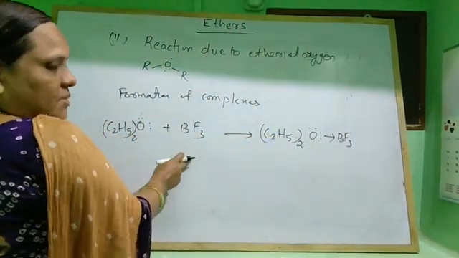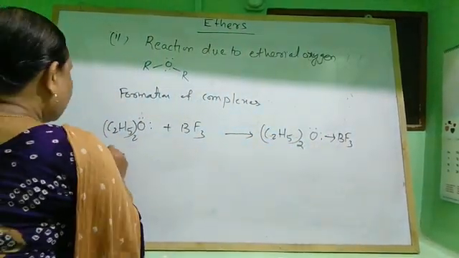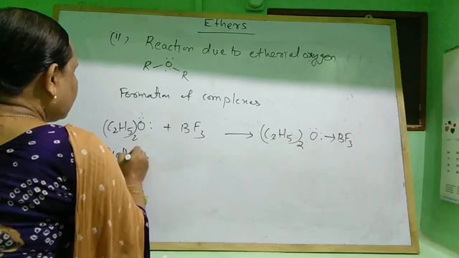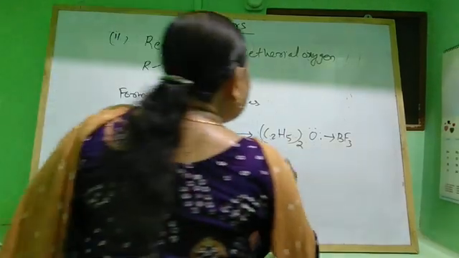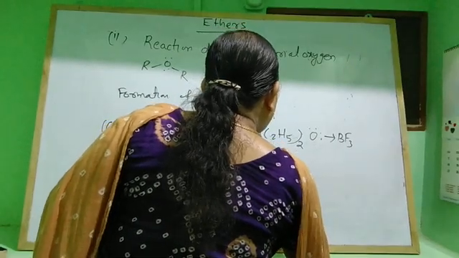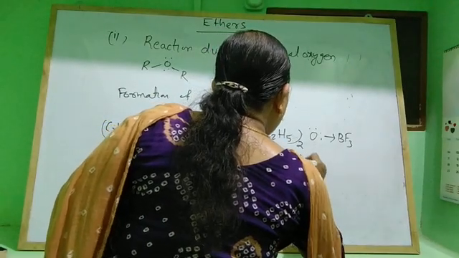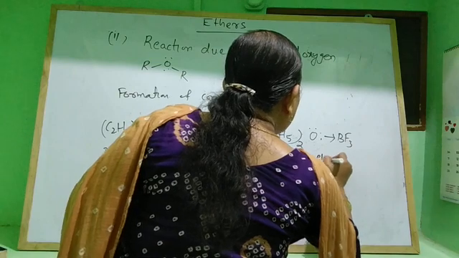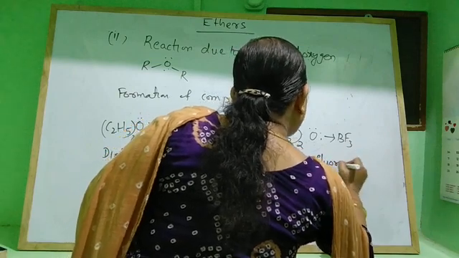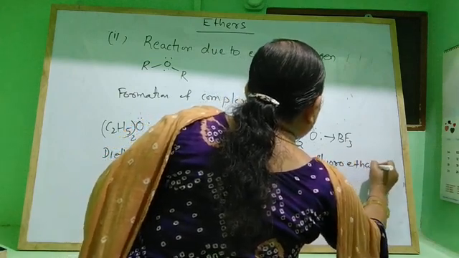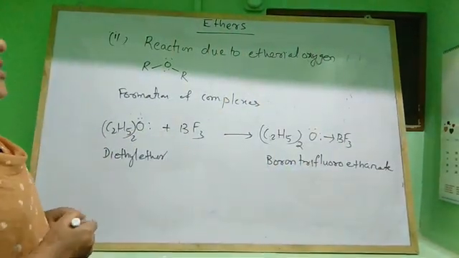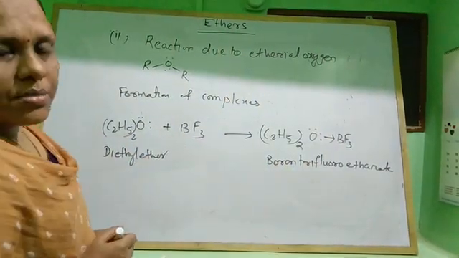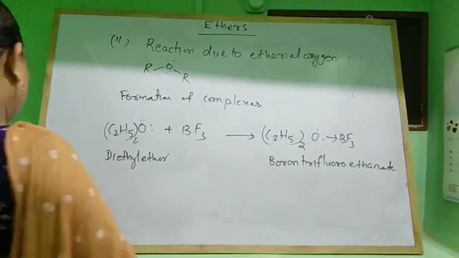This is the electron deficient species, and this is the electron rich species. So this is diethyl ether, and this is boron trifluoroetherate. Boron trifluoroetherate. In a similar way it reacts with aluminum chloride and ferric chloride.